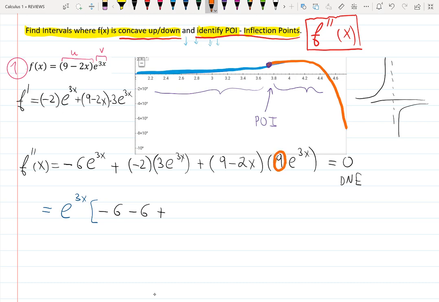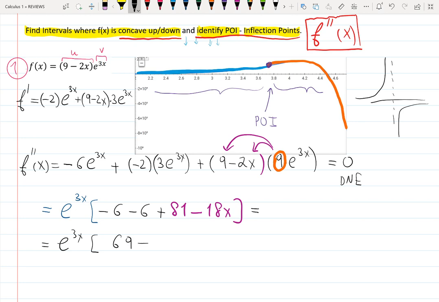If you have a pencil, take a pencil and distribute this 9, let's do pink, over here. 9 times 9 is 81, and then minus 18x, and that's what I got. Then I will have e to the 3x times (minus 12 plus 81, which is 69, minus 18x).